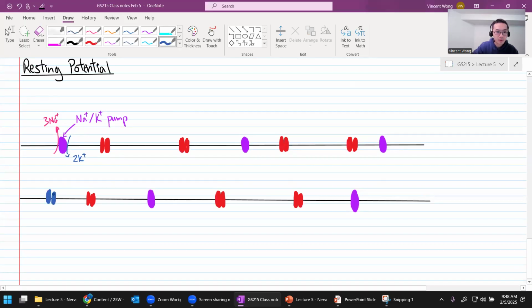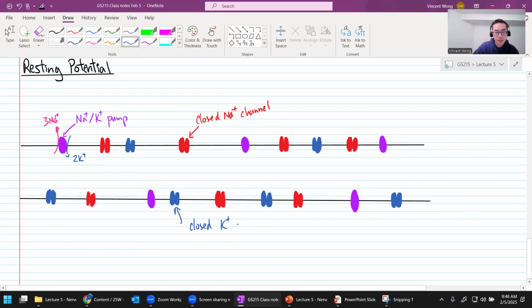Some over here. They don't necessarily have to be right next to each other. They're just here and there. So that's closed sodium channels. Another one here, closed potassium channels.